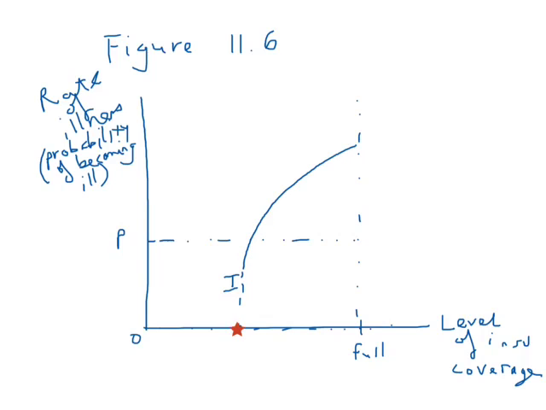And if the person had some level of insurance, this is partial insurance. If I consider the point along the x-axis, that's having some level of partial insurance with the probability of getting sick of zero.